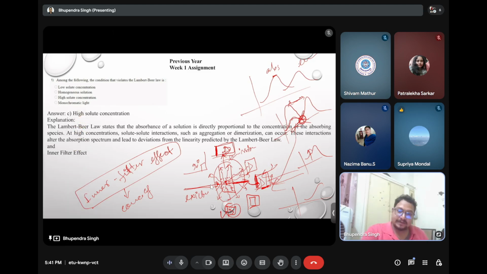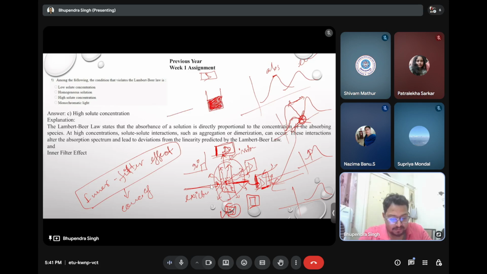Now, what about the concentration? Here the sample was dilute. Let's say the same cuvette, with the detector here, D. Now I have prepared a highly concentrated solution, extremely high.